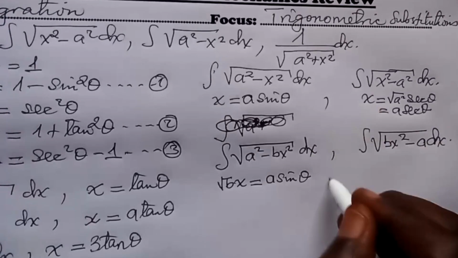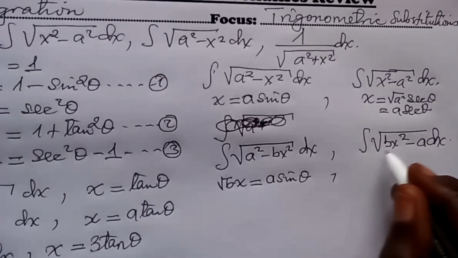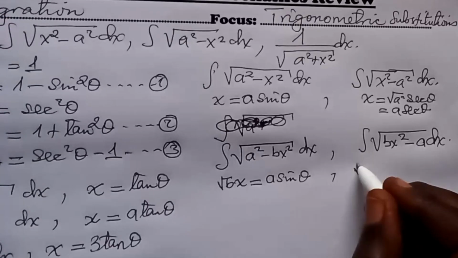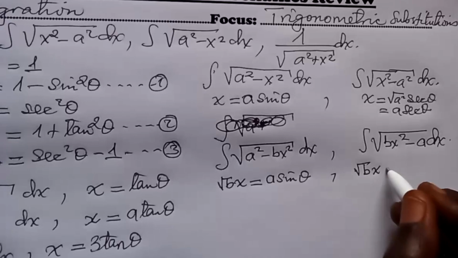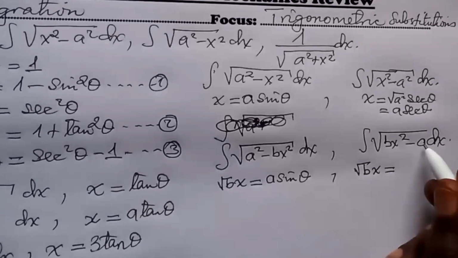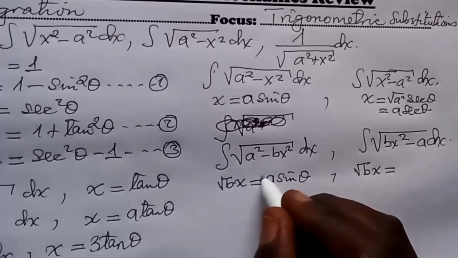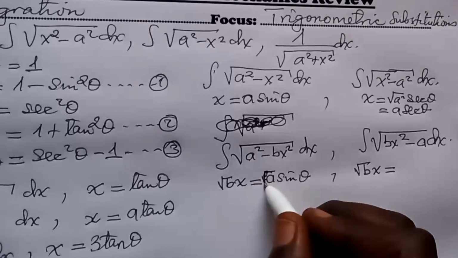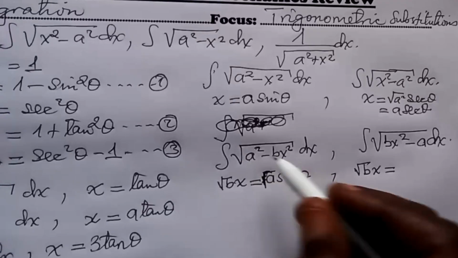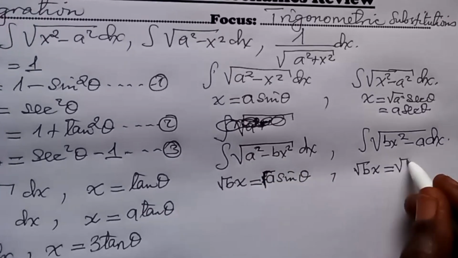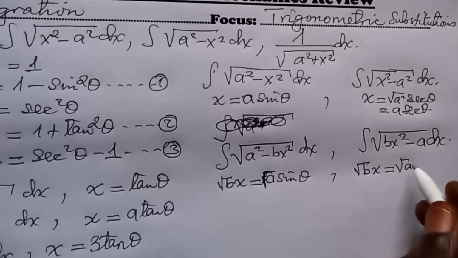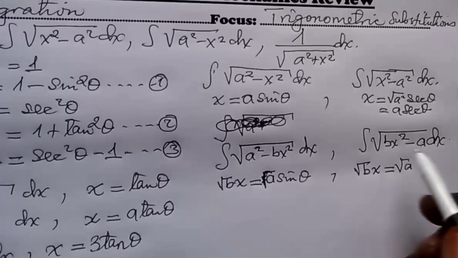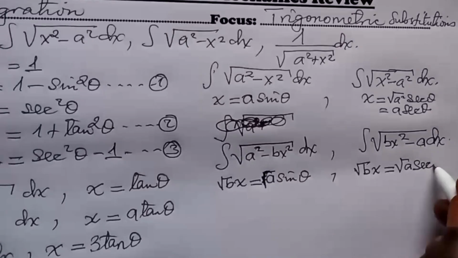While this other one would be the square root of the variable term again, which is root b x, equals the square root of the constant term. No, it was already squared there, but here I didn't square, so I have to put square root there. And then now, since the variable term in the difference of the two squares is positive, I'm using sec theta.